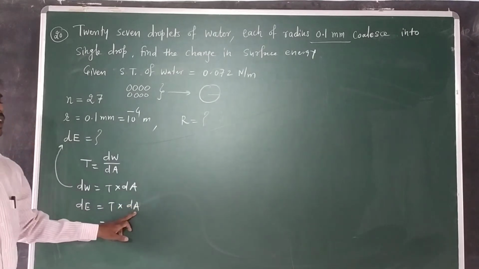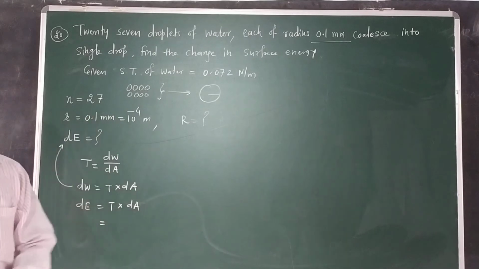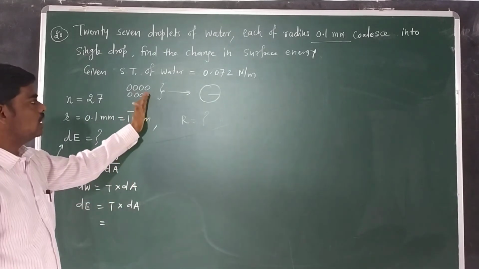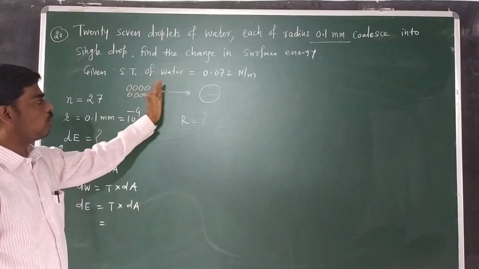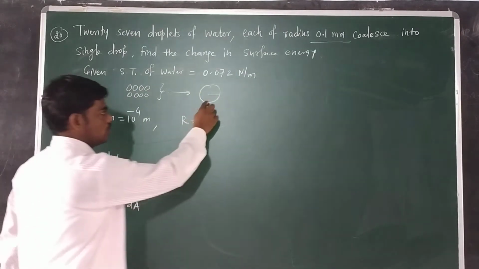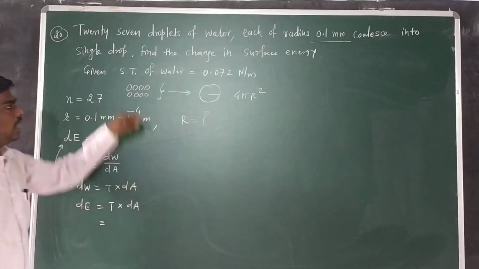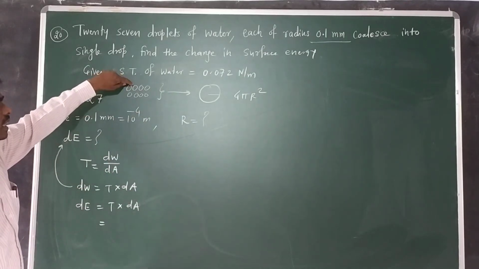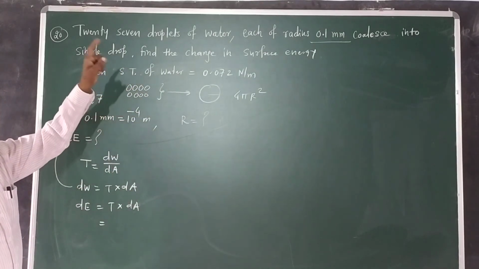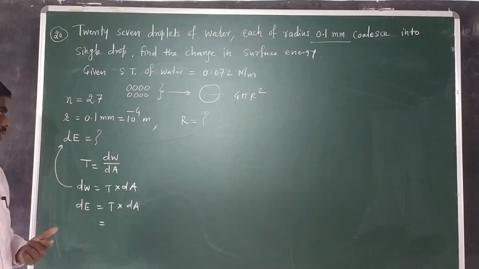So what is dA? dA is the change in surface area. Here, a number of droplets combine to form a big drop. So here the surface area is 4 pi R square, and here the surface area is n times 4 pi small r square.